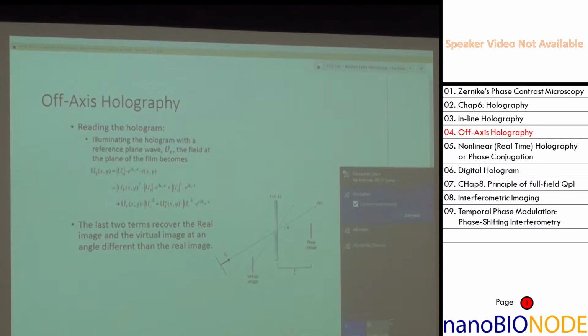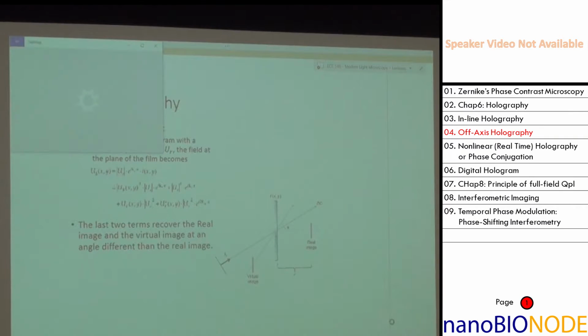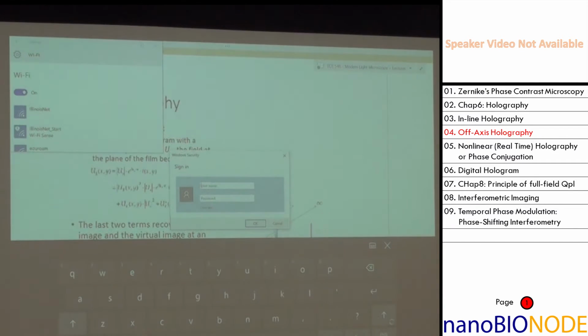This one? Yeah. You have to put in your net ID and password. You can use your keyboard. I know I can use my keyboard. I mean, you can disconnect it as well.